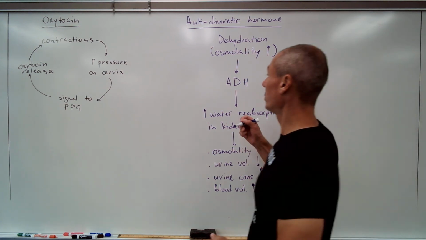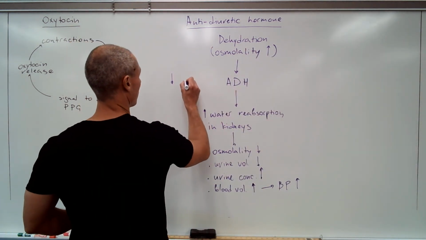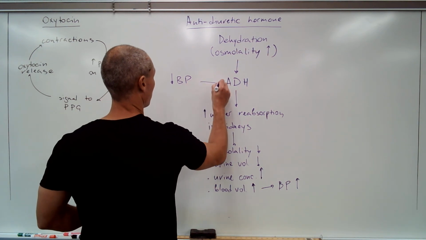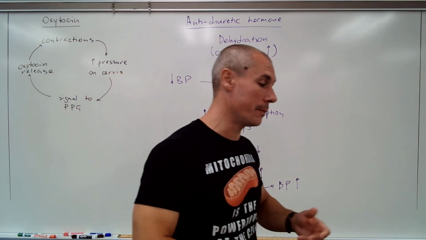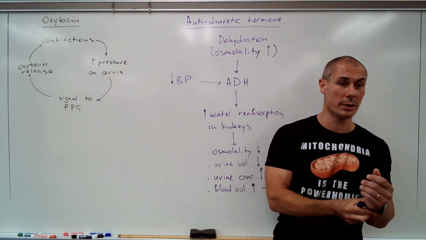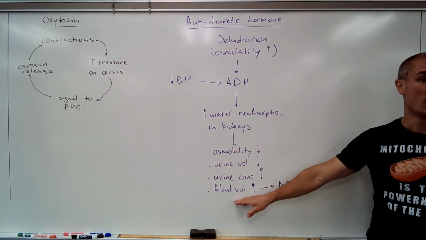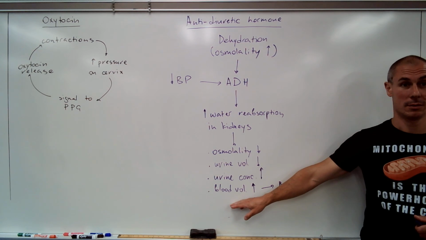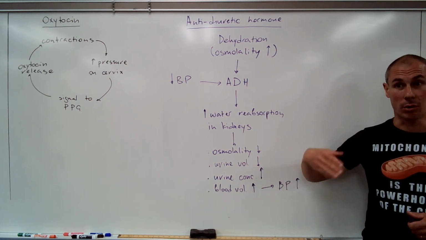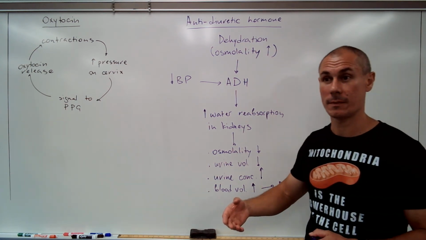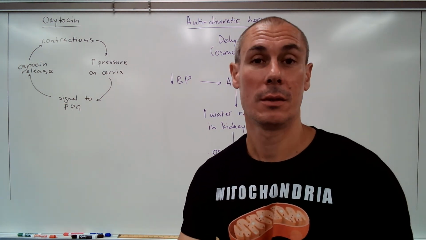Exactly. So low blood pressure. It's a pretty typical response, and essentially, low blood pressure and, check this out, blood loss, bleeding, is also a trigger for ADH. Does that make sense?